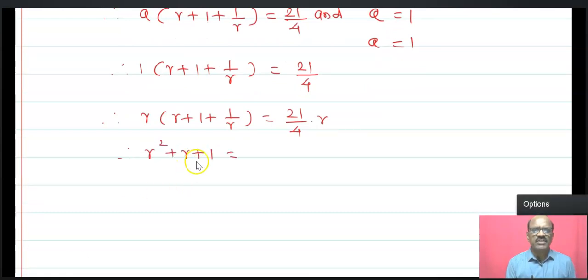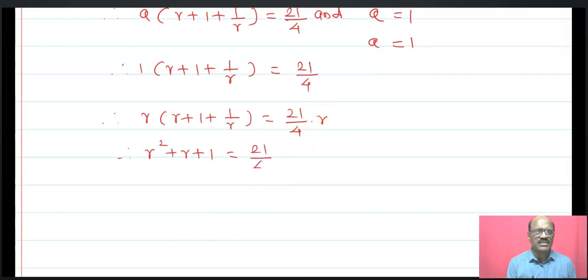Now in this case we have multiplied on both sides by R. Therefore R into R is R square, R into 1 is R, and R into 1 upon R is 1. And on the right hand side it is 21R upon 4.